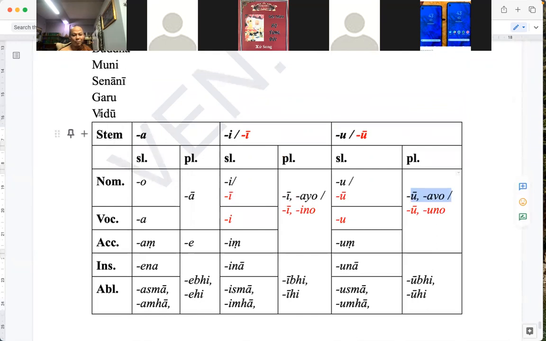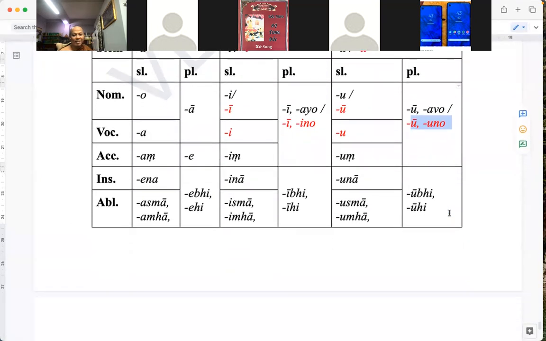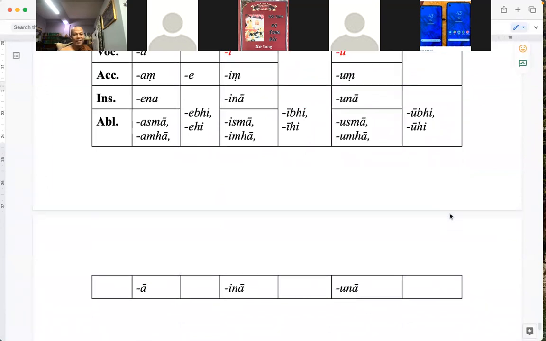And then we do long one. We do no, we do na, we do be, we do he. We do sma, we do ma, we do na, we do be, we do he.